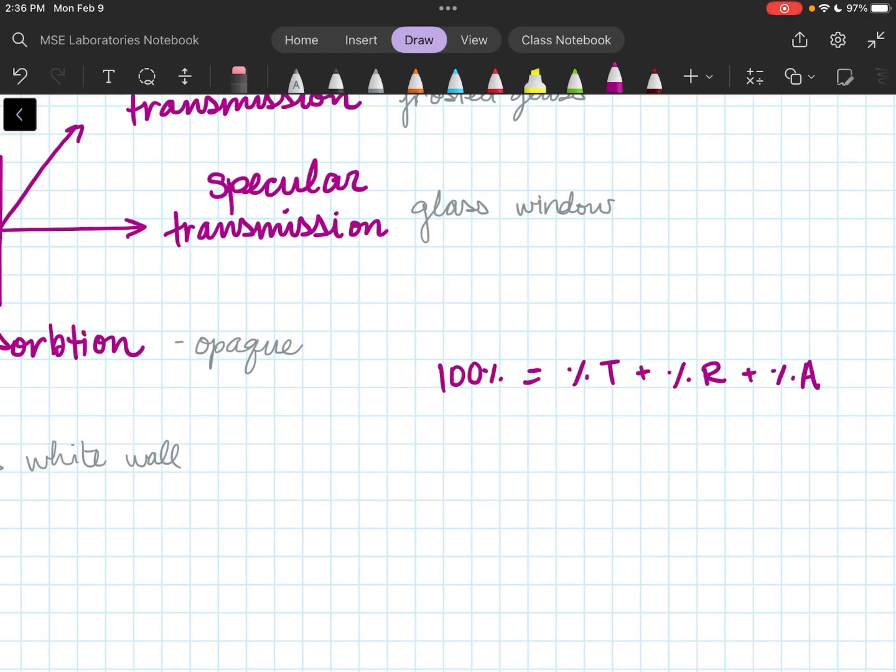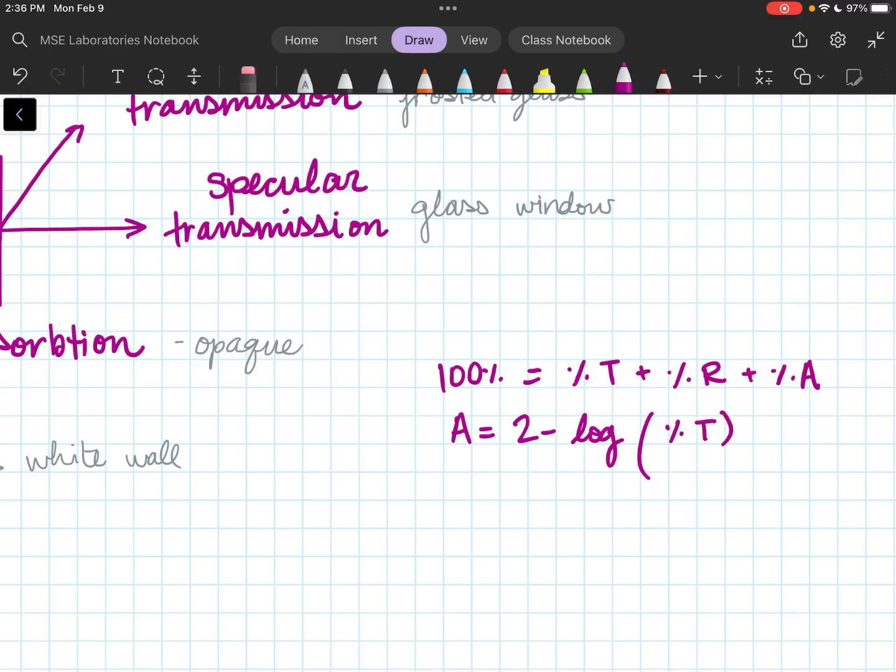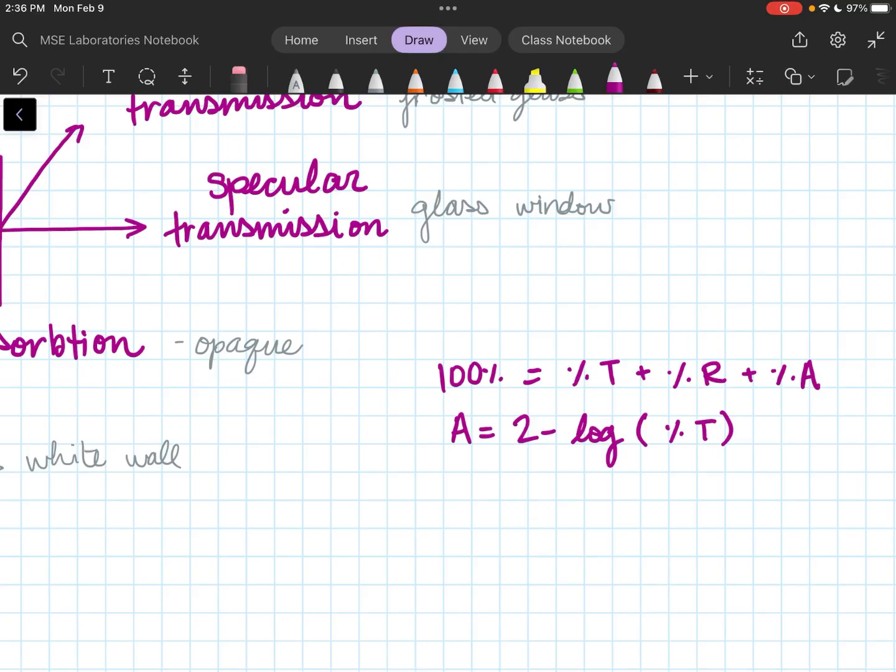There's another couple of equations that we can use as well. One of them is absorbance equals 2 minus the log of the percent transmission. And I wrote that parenthesis too large. So that is one way, assuming there is no reflection.